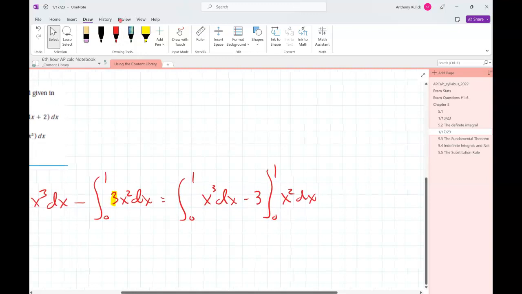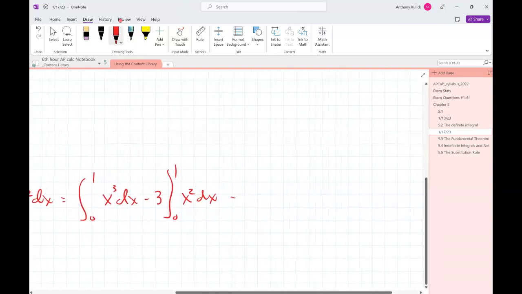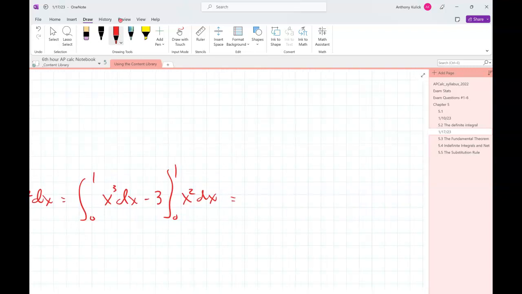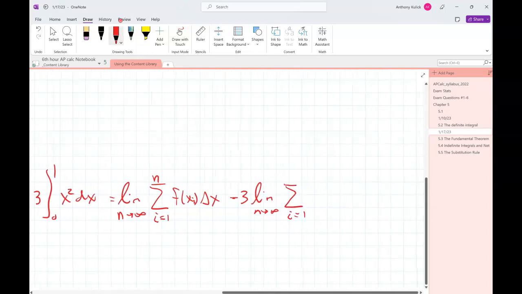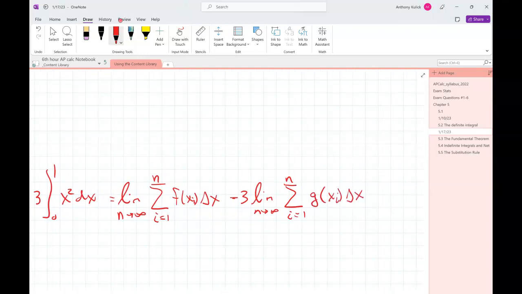Okay with that? Okay. And now we are going to convert these into limits of sums. So we have the limit as n goes to infinity, the sum from i equals 1 to n of f of x_i delta x, minus 3 times the limit as n goes to infinity of the sum from i equals 1 to n of g of x_i delta x.